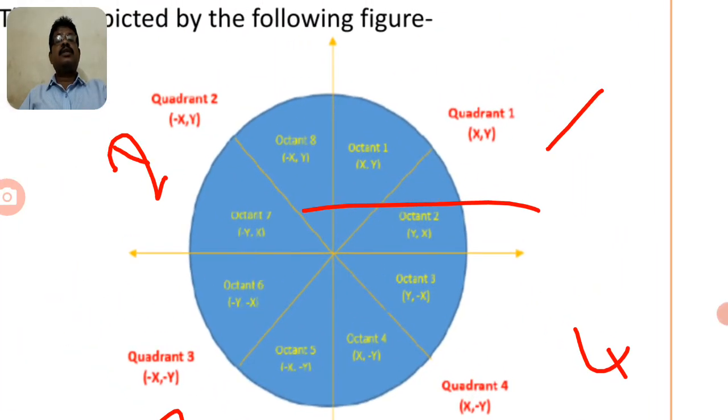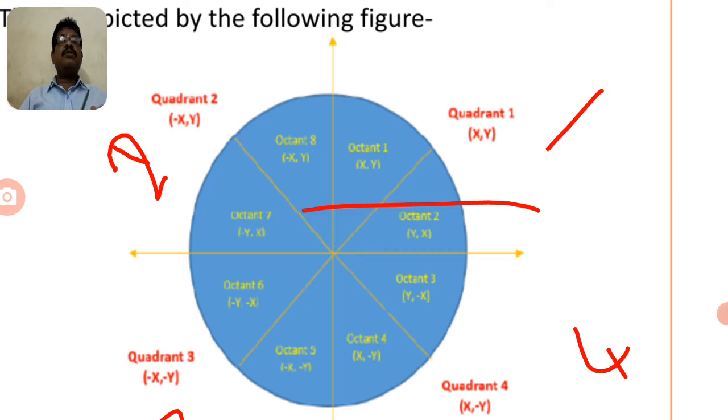Here the first quadrant can take the x coordinate as positive and the y coordinate as positive. The first quadrant can be divided into 2 parts, that is octant 1 and octant 2. For octant 1, you can use the mirror method.